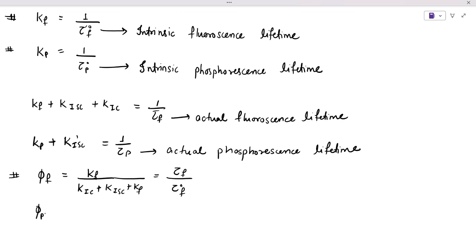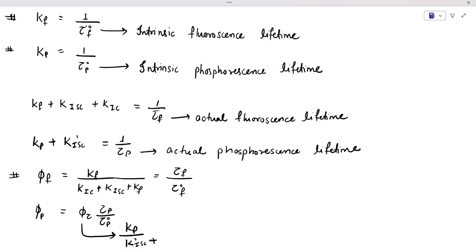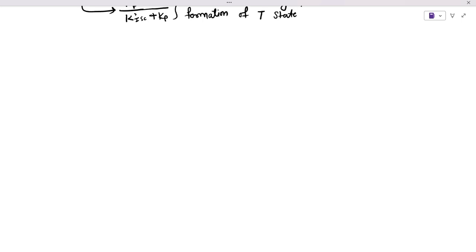Next, for phosphorescence, the term psi T equals kp divided by kISC dash plus kp. This is called the quantum efficiency of formation of the T state. So this is all about fluorescence and phosphorescence.